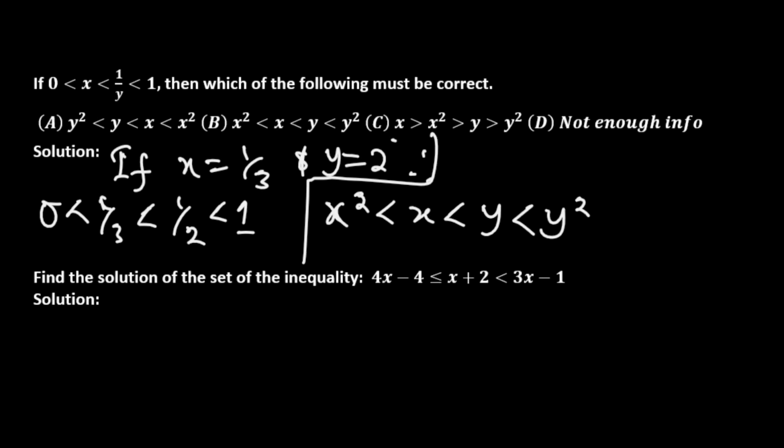That's the best answer, because x must be a fraction like this. So the square of a fraction is less than the original fraction. So x squared is less than x, because 1 over 9 is less than 1 over 3. So our answer is x squared less than y. So the answer is B. Next question.